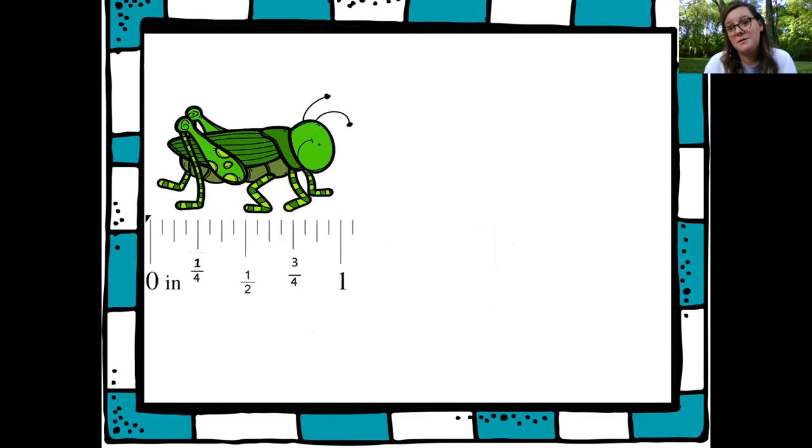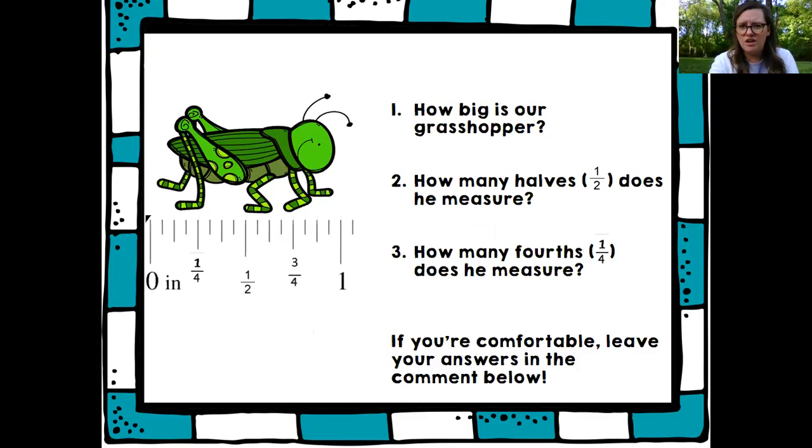Now I'm going to give you a challenge. This is a grasshopper, and I took the ruler and I just scooted it over to the side, and I'm looking at my grasshopper, and I want to know, how big is our grasshopper? How many halves does he measure? How many fourths does he measure?